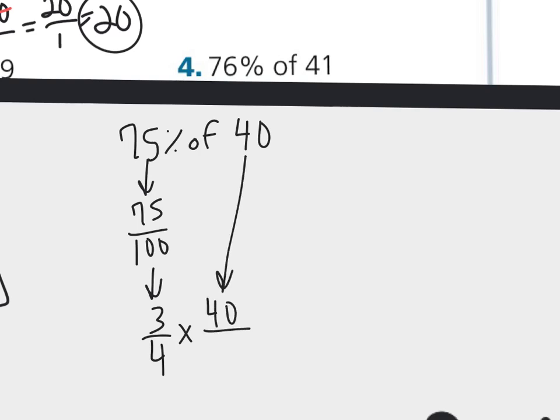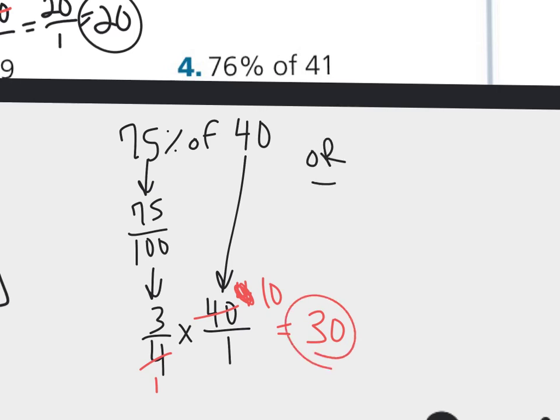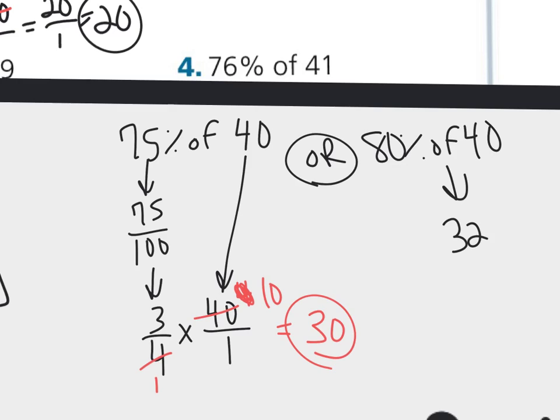With this one, it's actually to our advantage to reduce, because with 140, those didn't reduce quite as nice as 4 and 40 do. And so we work that out, and that would be 30. Another way you could have done that, you could have done 80% of 40, and that would have been 32.